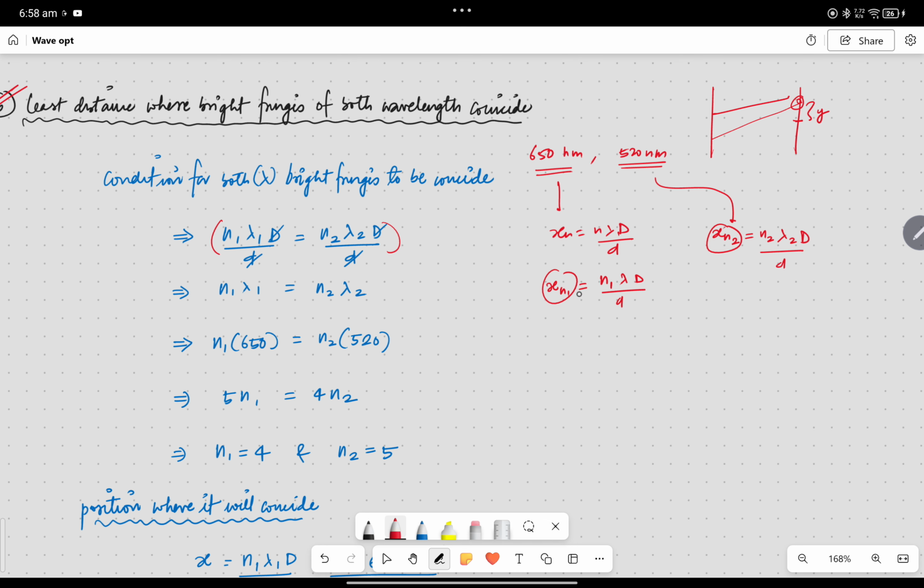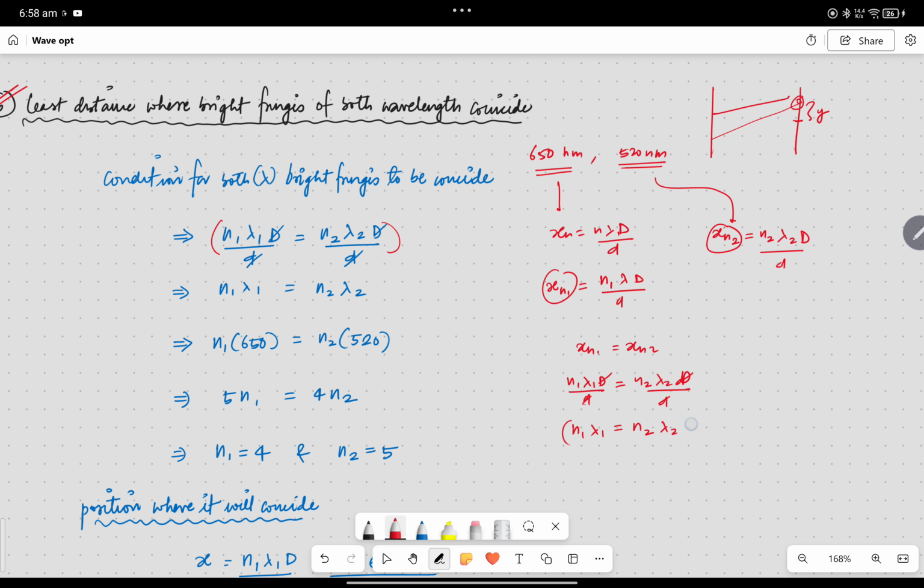So xn1 is equal to xn2, that means n1 lambda 1 D by d is equal to n2 lambda 2 D by d. So D by d cancels out, and n1 lambda 1 is equal to n2 lambda 2.